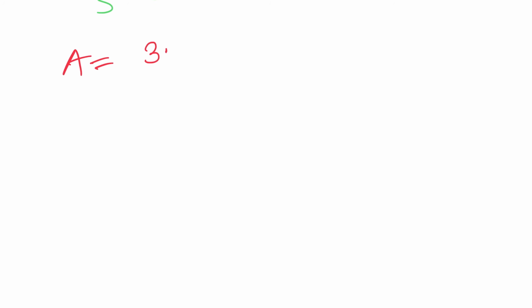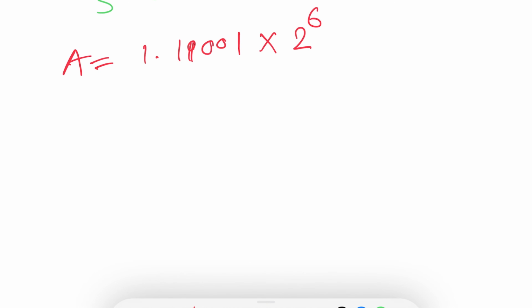I make it binary, it's easier. A is 1.11001 times 2 to the power 6, and B is 1.1010 times 2 to the power minus 3. So here you can see the exponents of A and B are different. Regardless of this, we just need to add the exponents.